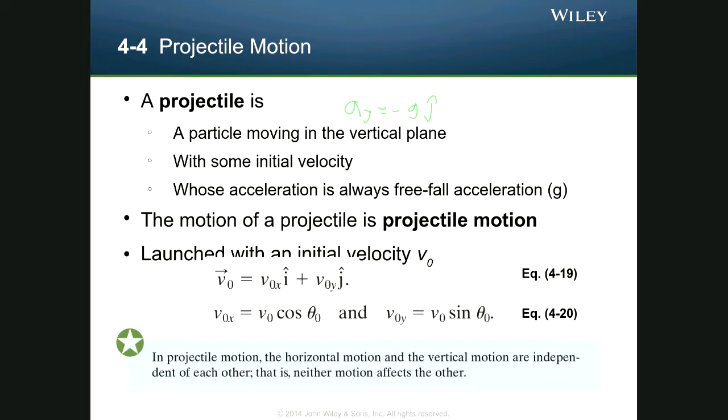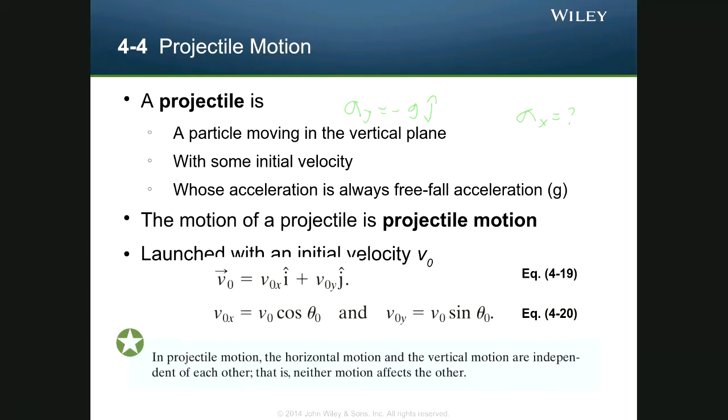Just like in free fall. And that's it. Now, what do you think A_x is going to be equal to? This is the tricky one. Good. A_x will be equal to 0.